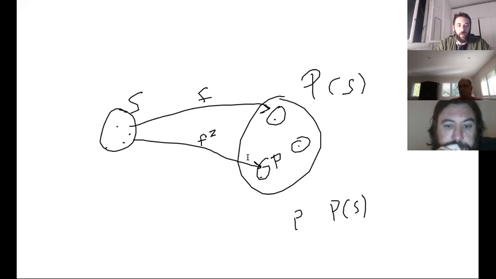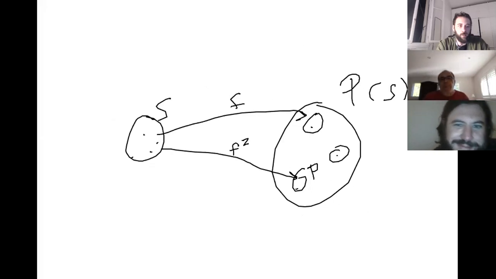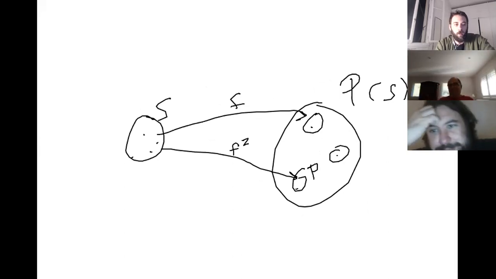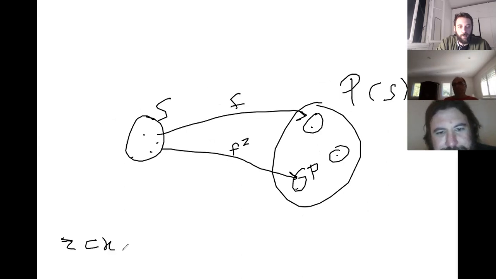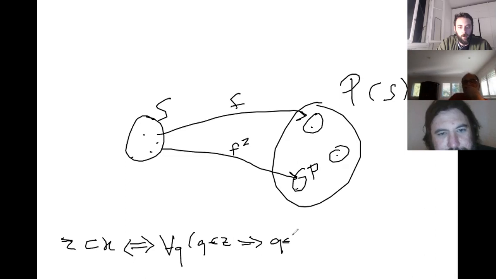So if I want to say, let's say that Z is including X, this is the same thing as saying that for every Q that belongs to Z, therefore Q belongs to X, right?